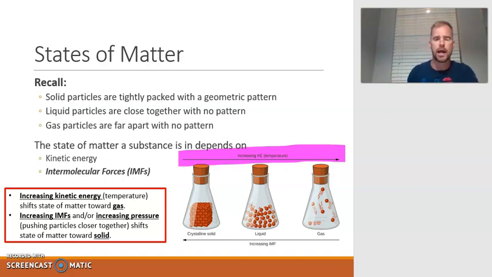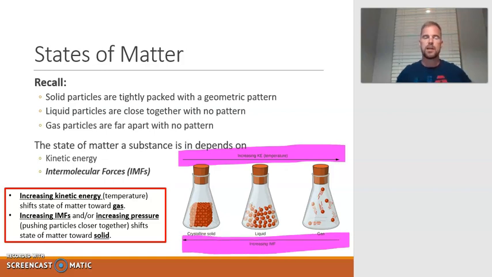Intermolecular forces are attractions between molecules. If the amount of attractions increases, particles would shift towards the solid phase, because the closer or more compact we can get the particles to each other, the higher the probability that particles will attract to one another. And if the particles attract to one another, they'll end up creating those liquid or even solid states of matter where the particles are held closely together.